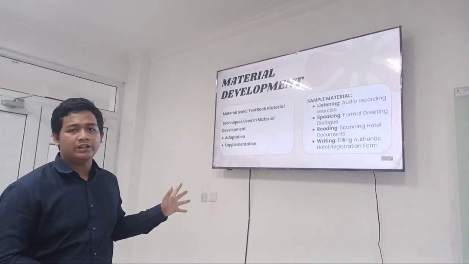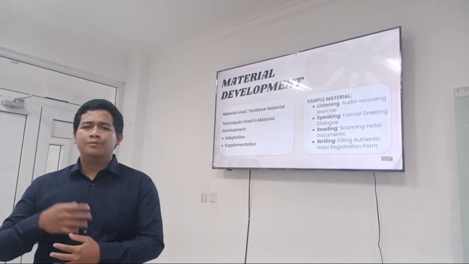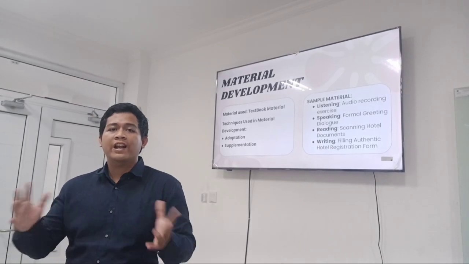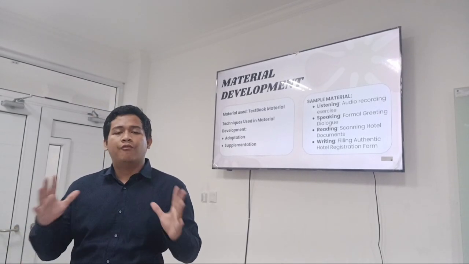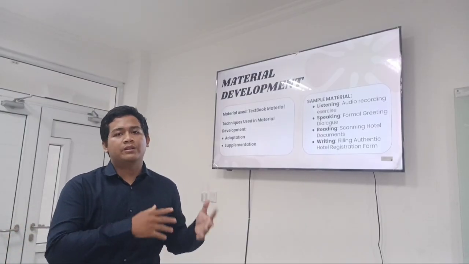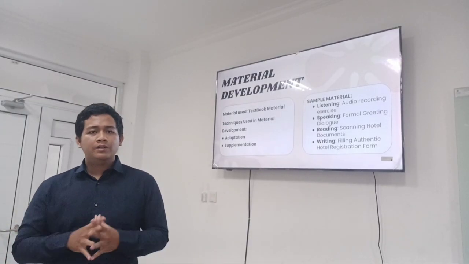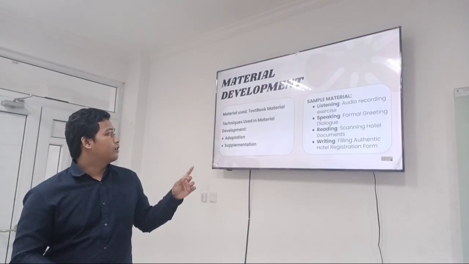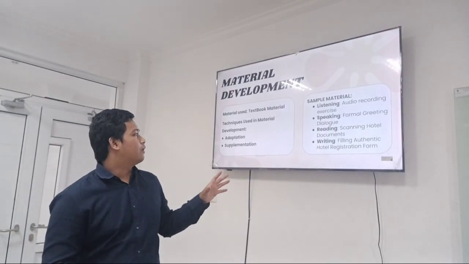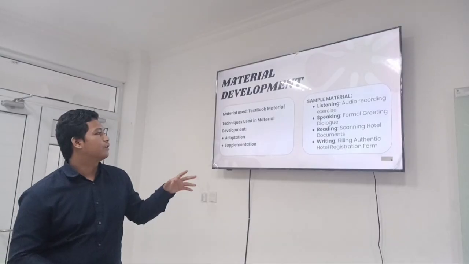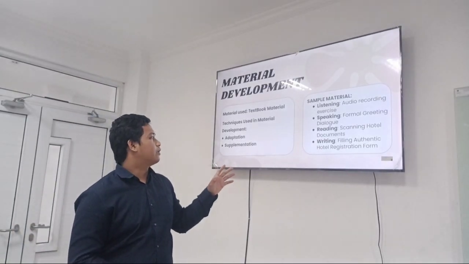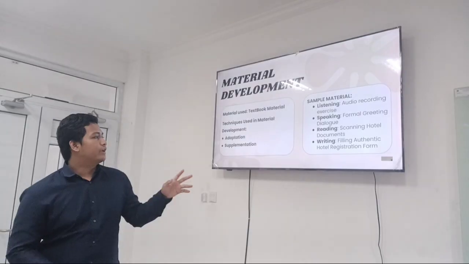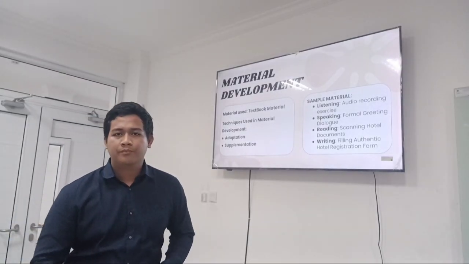And the second one is supplementation. Supplementation is used to add authentic and relevant material that reflects real workplace situations. Several materials include listening activities using audio recordings, reading activities with formal reading, scanning hotel documents, and writing by filling in authentic hotel documents.